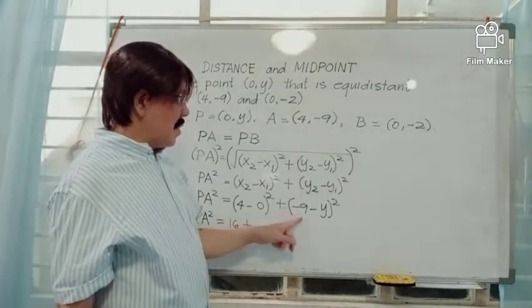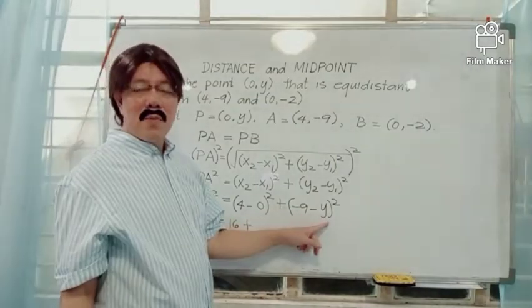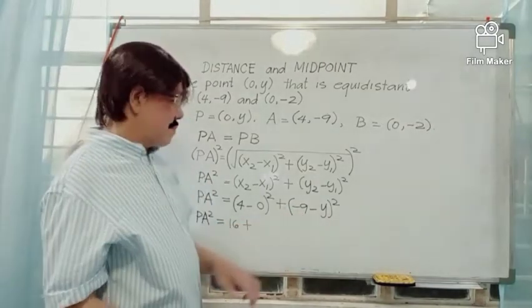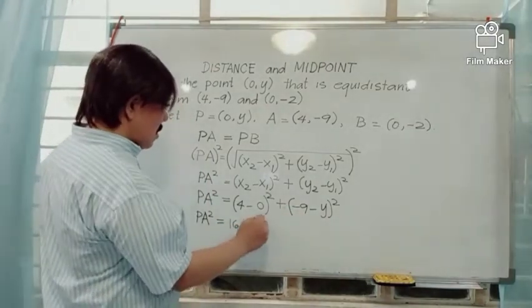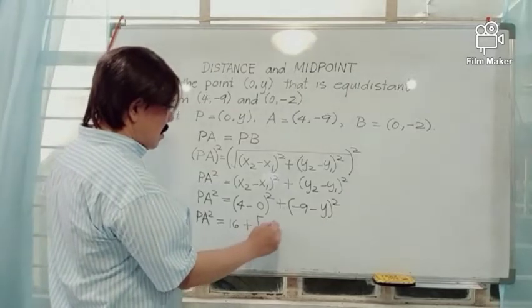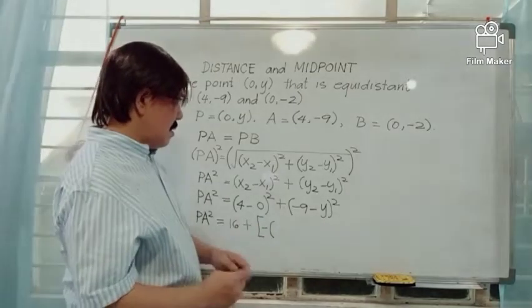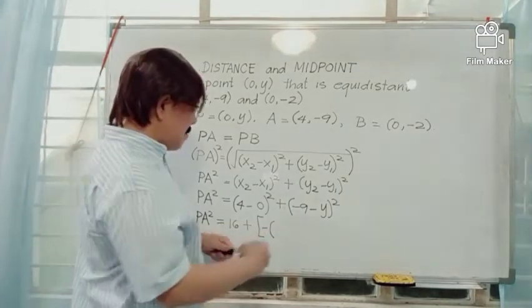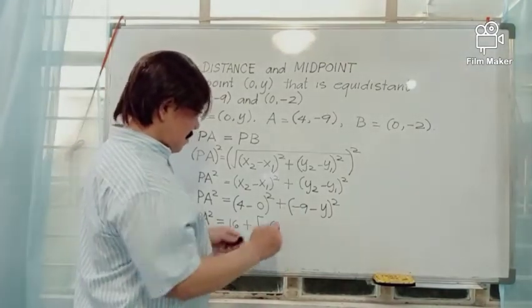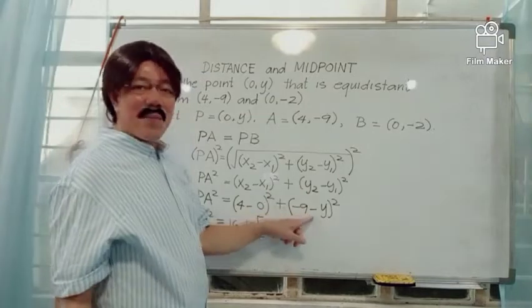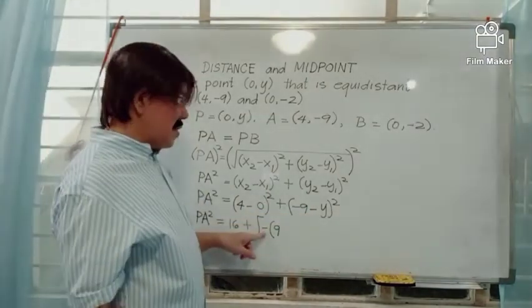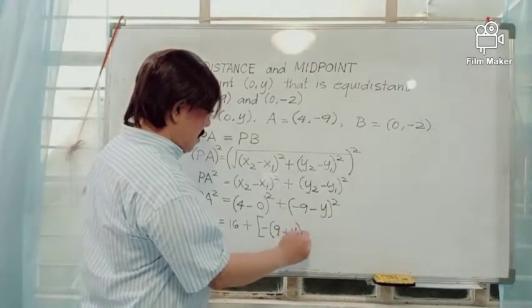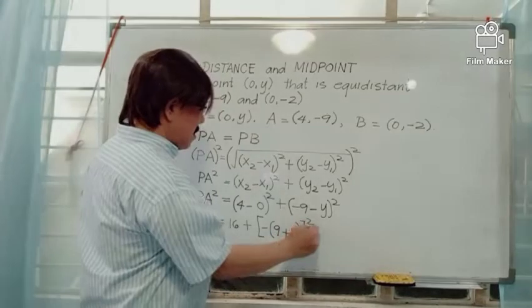Now to simplify the second term, I will factor out a negative from each term, and we get negative of negative 9 divided by negative, which is positive 9, and negative y divided by negative, which is positive y, and we take the square.